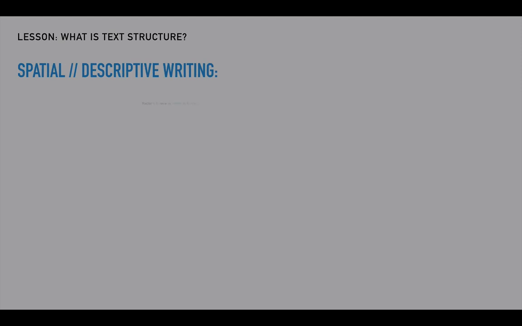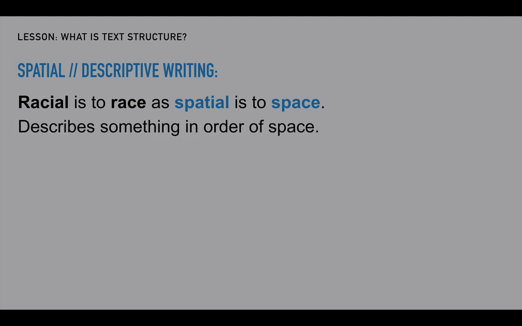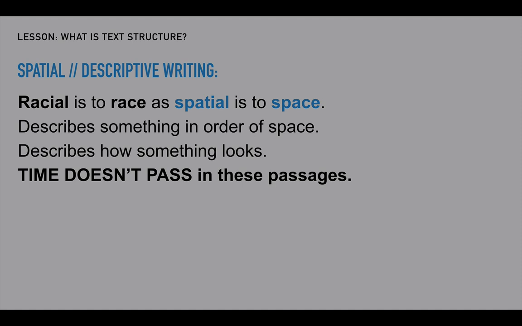Spatial and descriptive writing. Racial is to race as spatial is to space. And it describes something in order of space. So it describes how something looks as well. Time doesn't pass in these passages. So when you're reading a spatial or descriptive text, time isn't going to pass in these passages.